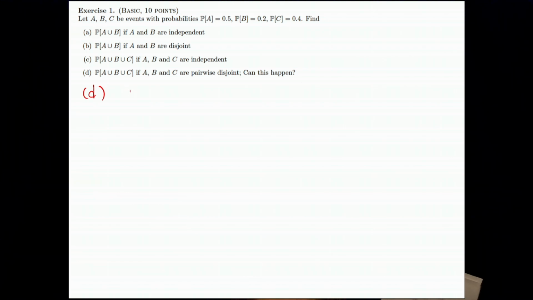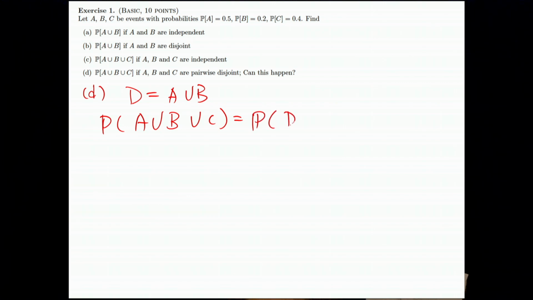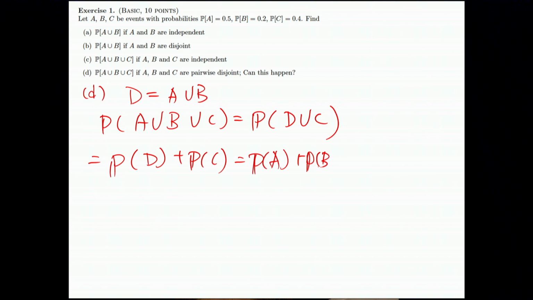Again, we know that D equals A union B. So the probability of A union B union C equals the probability of D union C. Since they are pairwise disjoint, this is the probability of D plus the probability of C, which also means it's the probability of A plus the probability of B plus the probability of C from part B, and this equals 1.1.